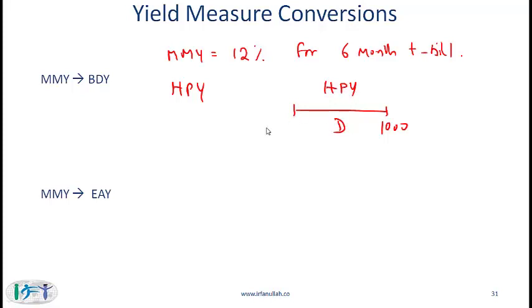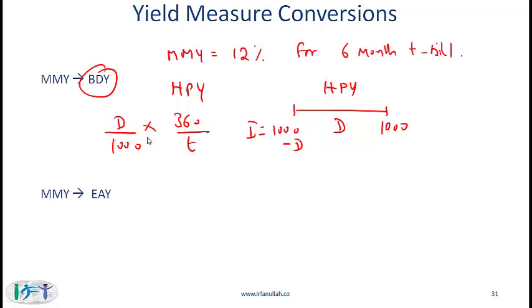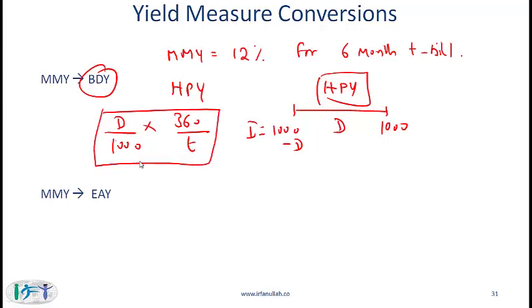If you know the discount, then you also know the investment amount, which is 1000 minus D. You can then easily find the bank discount yield by simply doing D divided by 1000 multiplied by 360 over T. So in some textbooks you'll find complicated formulas, but the concept is fairly straightforward. The trick is to find the holding period yield and then use that to come up with the discount, and then once you have the discount you can calculate the bank discount yield.